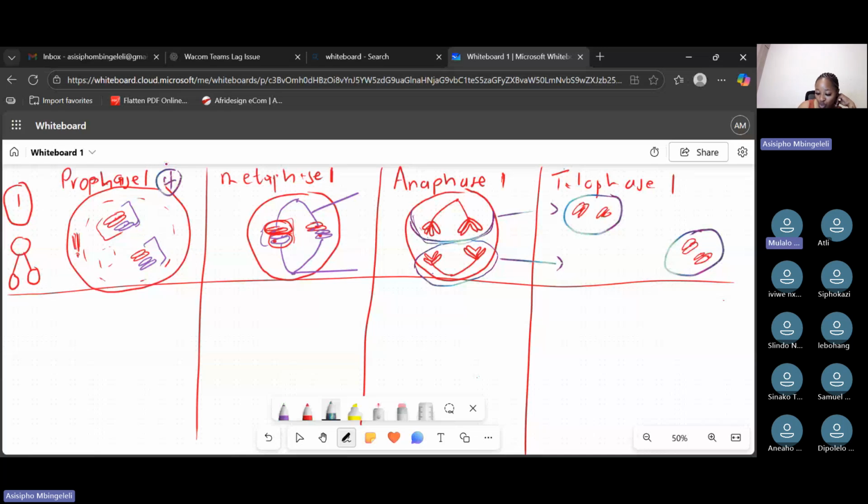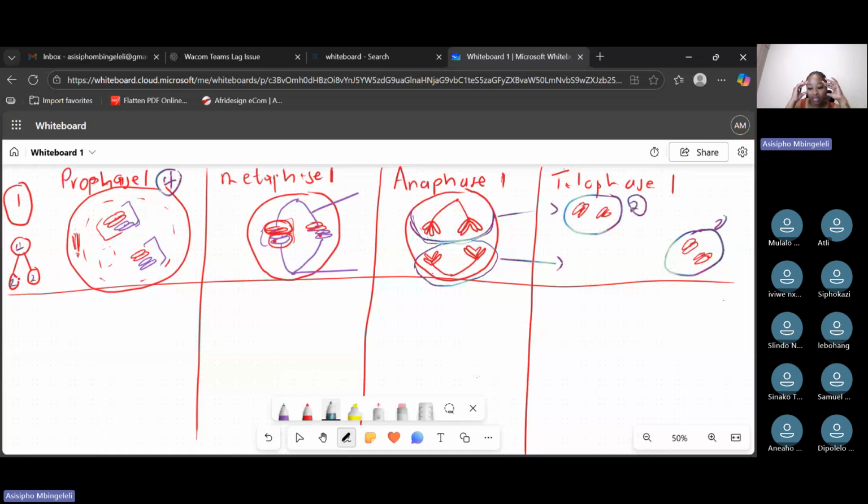We are having 2 chromosomes in each cell, and they are replicated. We started with 4 replicated chromosomes. We end up with 2 replicated chromosomes in each cell. So that means the chromosome number has been halved. So if I bring it back here, that means we started with 4, and then in each cell, we are having 2 chromosomes. That is the first division.